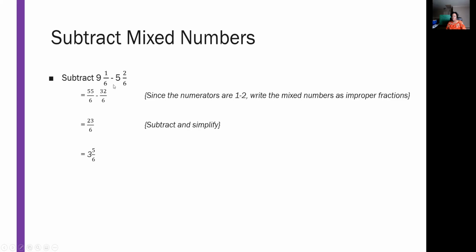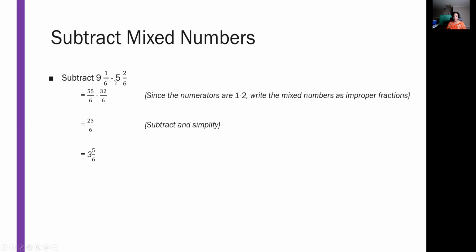The new way is you just turn it into an improper fraction. To change 9 and 1/6 into an improper fraction, you take the denominator and multiply by the whole number. This is the rule. And then you add the numerator 1 to it, which gives 55 over 6.